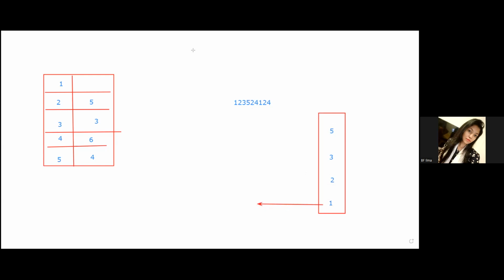In the case of this place, when it tries to access 2, we have to erase 2 from here and then add 2 to the top of the stack. I'll just put it here. And then when it accesses 4, since this is already full, we have to take the bottommost page, that is 1. We take it out and then put 4 at the top of the stack. So this is the stack implementation.